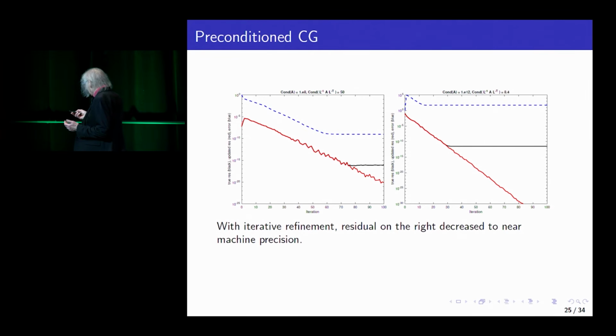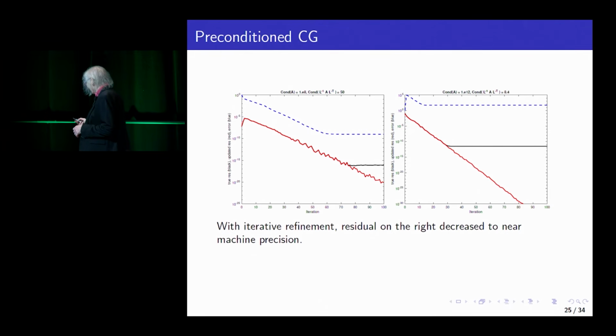You again see the updated vector RK going to 0. The true residual agrees with that updated one, but not all the way out to machine precision, only to about 10 to the minus 10, because we lost 5 places of accuracy when our initial vector jumped from 10 to the 0 to 10 to the 5.